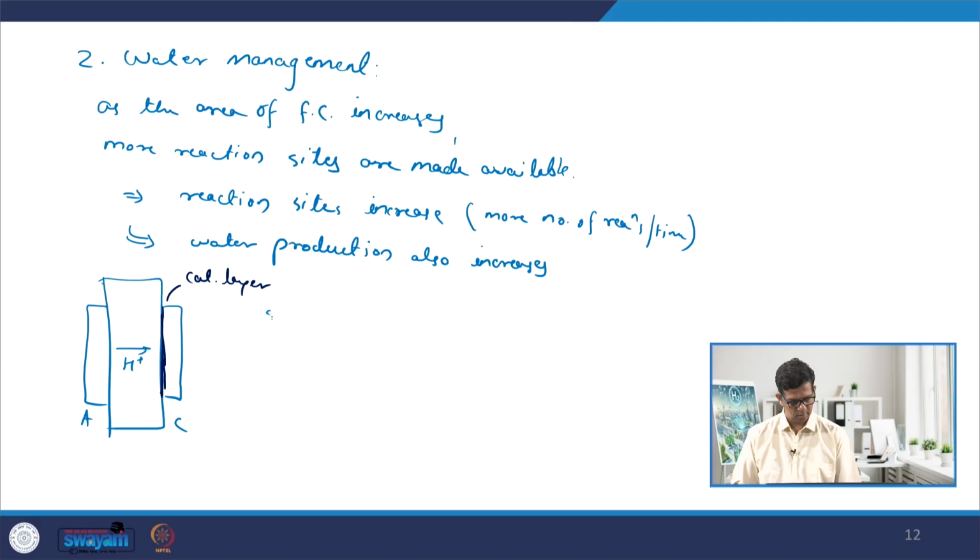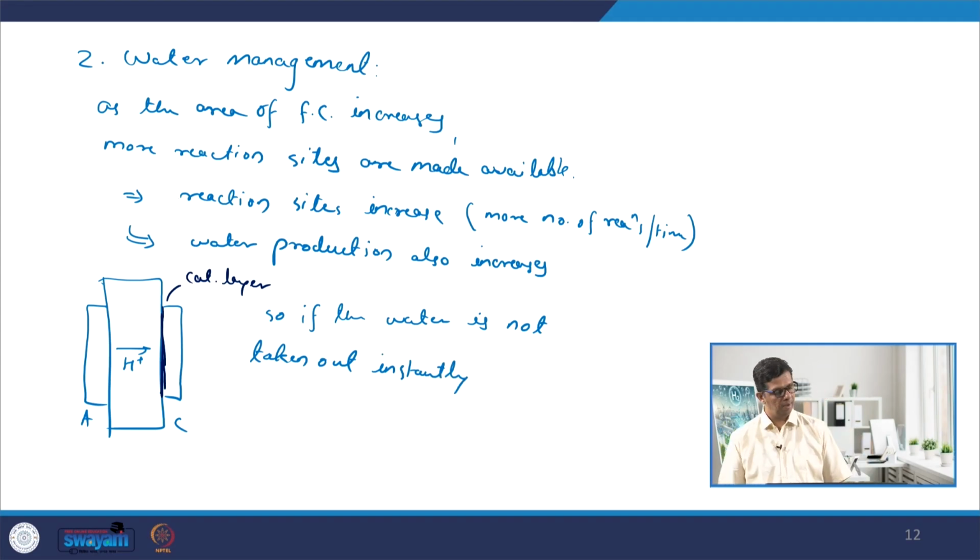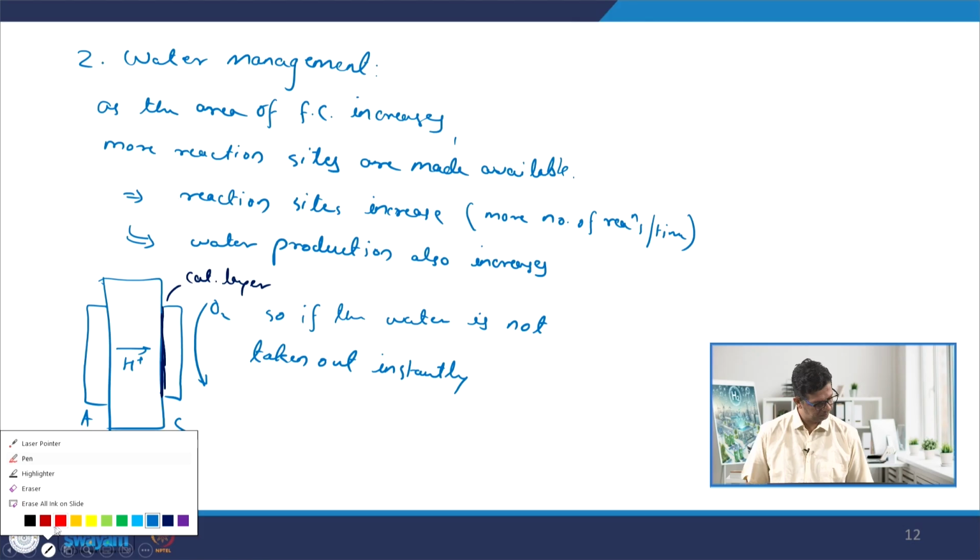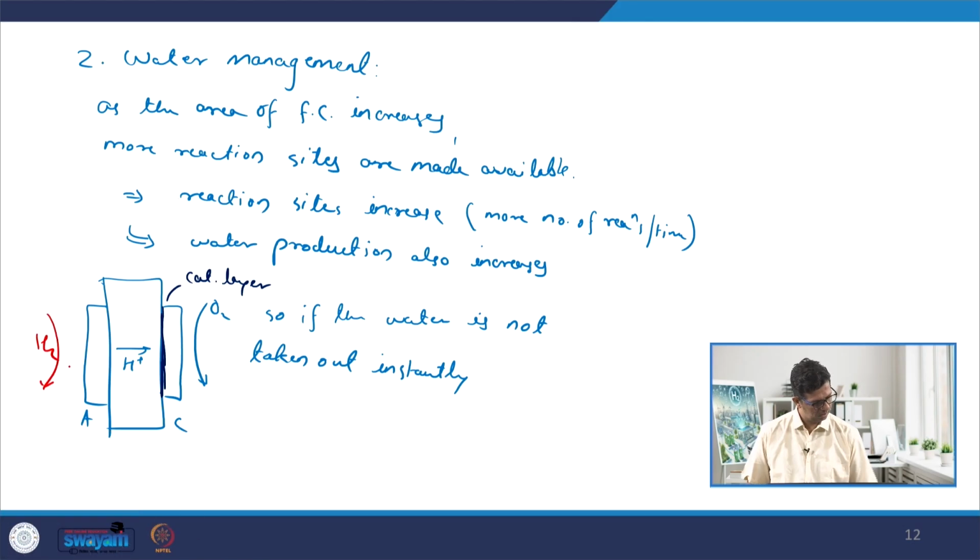So, if the water is not taken out instantly, in other words, if we have water produced here, so we have this O2 coming in, and this is H2. So, O2 comes out, and unused oxygen plus water comes out on the cathode side.